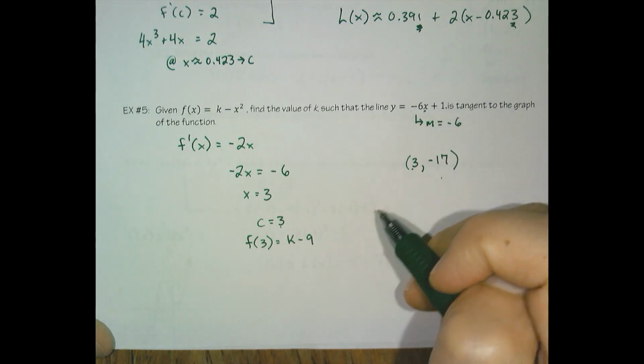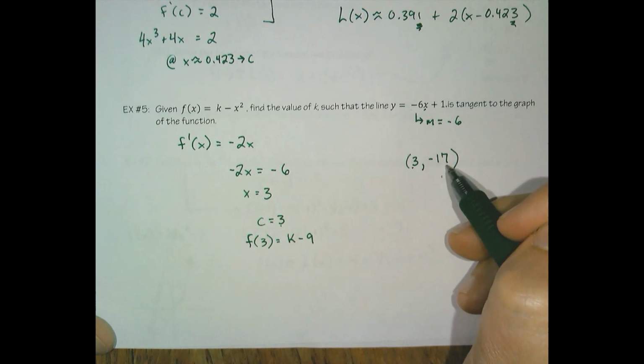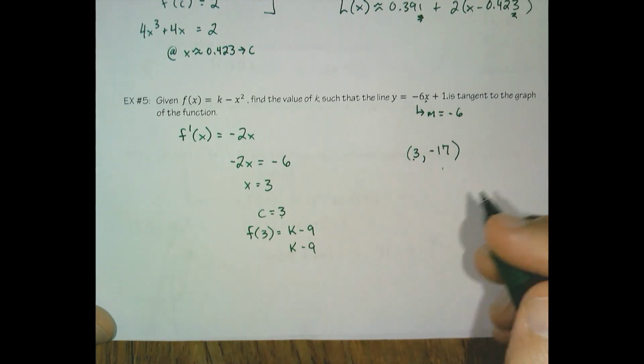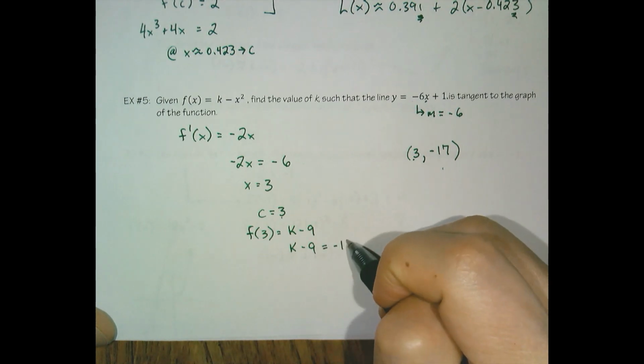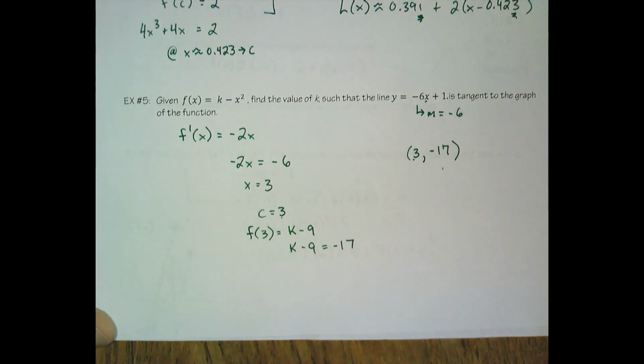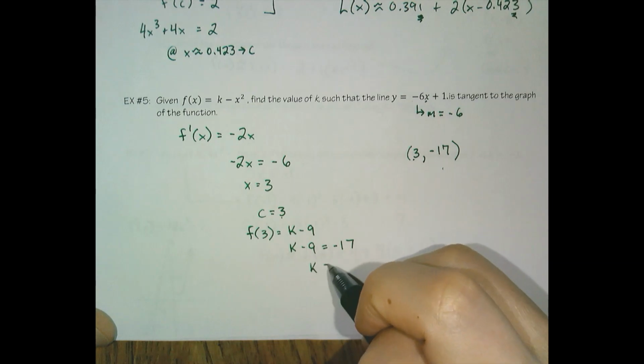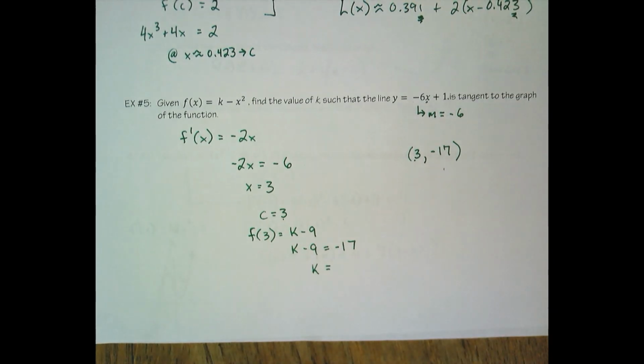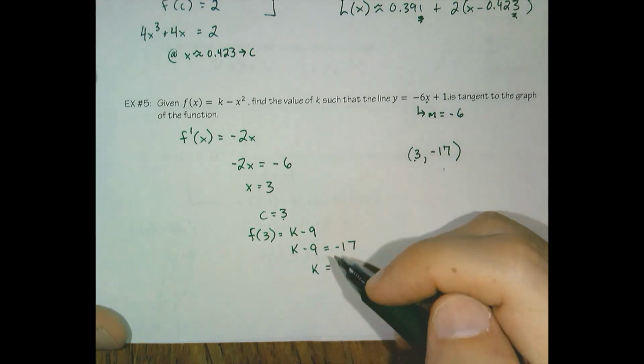So that is my y value. And that's what we're calculating here. k minus 9 is -17. So k equals, if we add 9 to both sides, -17 plus 9, -8.